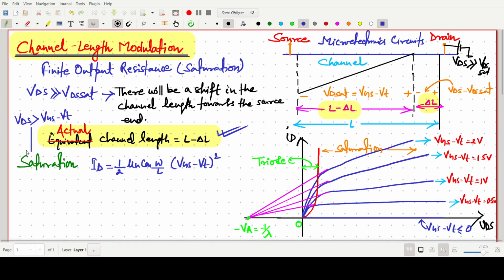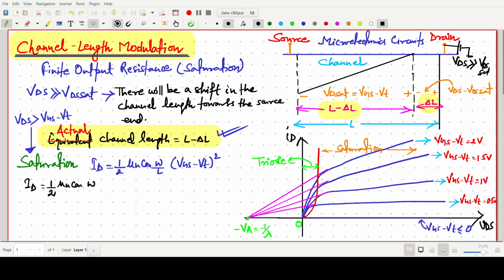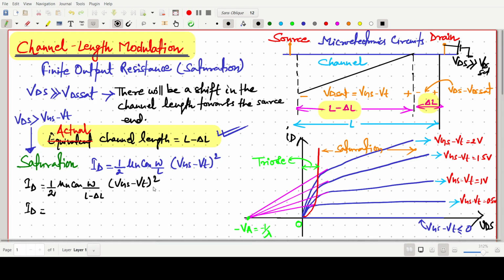Next, to derive the ID expression, the actual channel length will not be L, it should be L minus delta L, times (Vgs minus Vt) whole square. We are going to derive the main equation in terms of lambda, the channel length modulation parameter.